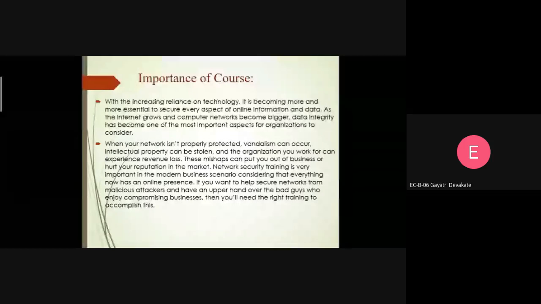We also hear about the concept of Industry 4.0, right? 4.0 means it is the fourth version of industry. It has developed from Industry 1.0, 2.0, 3.0 and 4.0. As there is development in technology, we need to secure our technology from others.